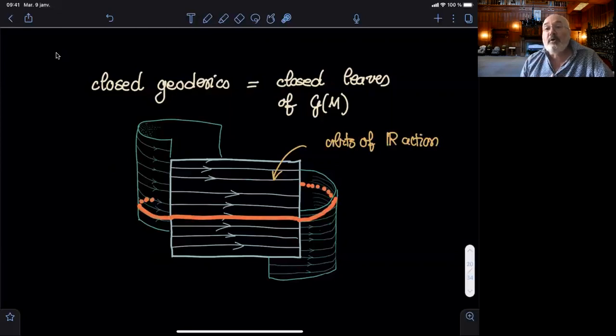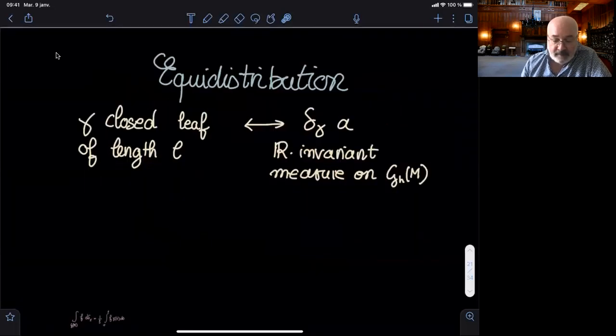Okay. So you see the closed geodesics, now they are part of a larger collective. They are the closed orbits of some R action on this space. I need to explain something extra, which is very useful to consider on this space: not only the closed geodesics, but also the invariant measures on this space.